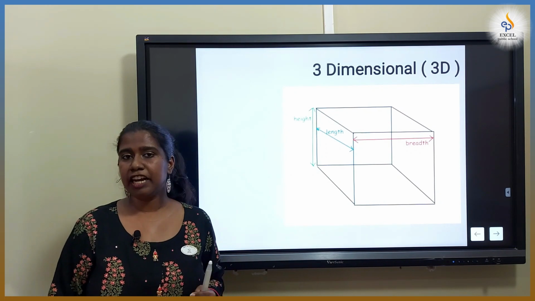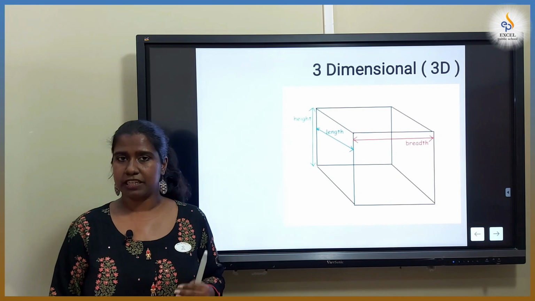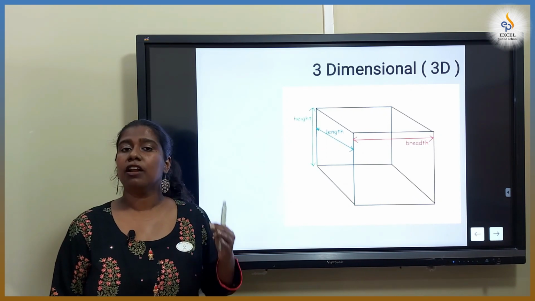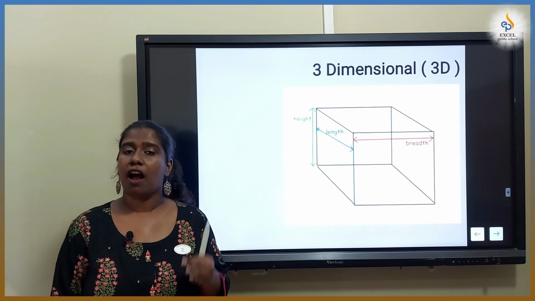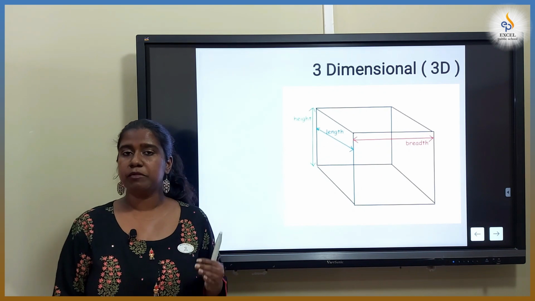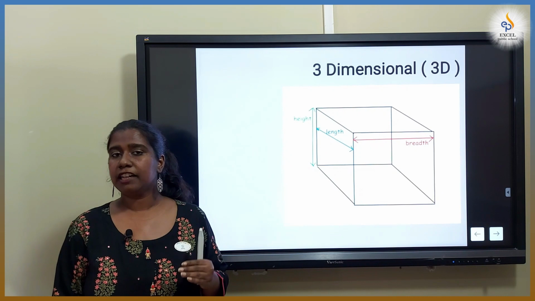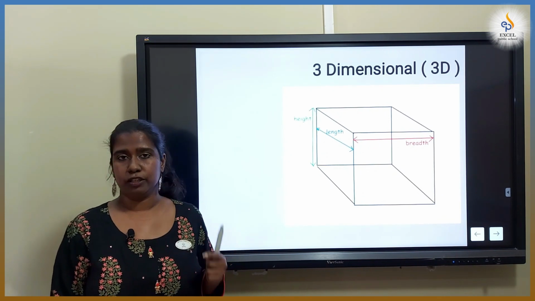Let's see three-dimensional shapes now, that is 3D shapes. As the name suggests, 3 dimensions means we can measure length, breadth and along with this we can measure height also. And sometimes we make use of the word width instead of breadth. Breadth and width are one and the same. So don't get confused by these words.